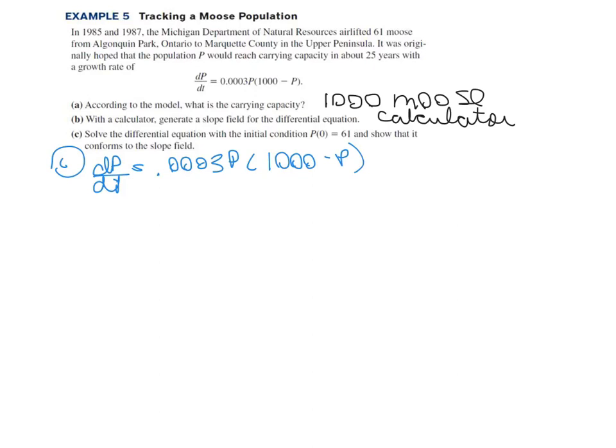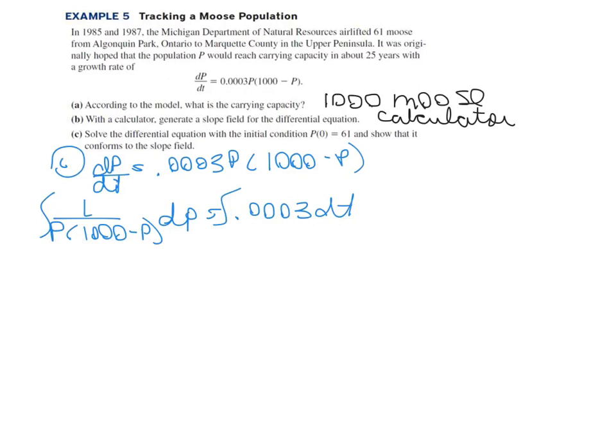So we're going to put dt over on one side and your p's on the other side. So I've got 1 over p times 1,000 minus p dp is equal to 0.0003 dt. And then on the first part here, we're going to integrate all of this. So for this first part, we're going to have to use partial fractions.